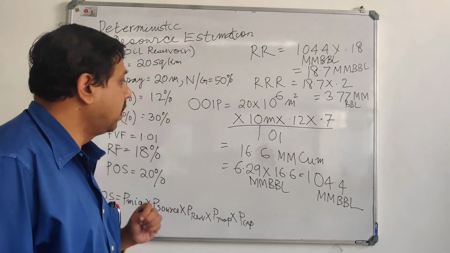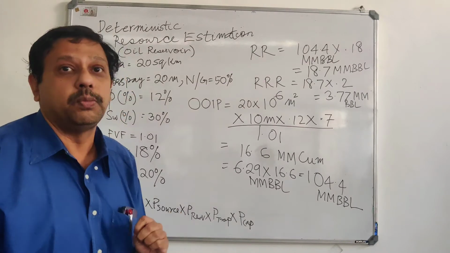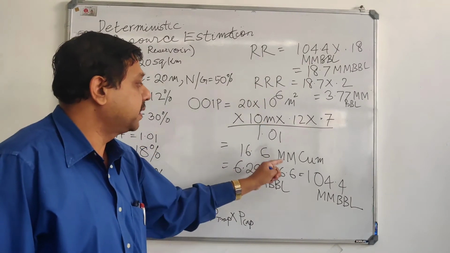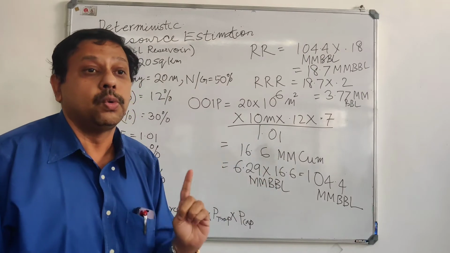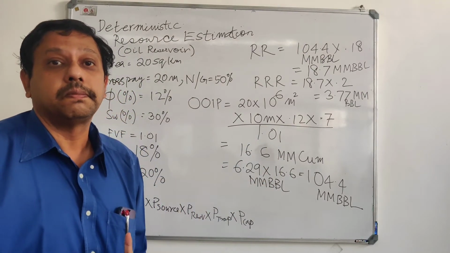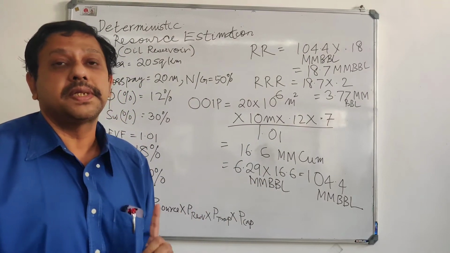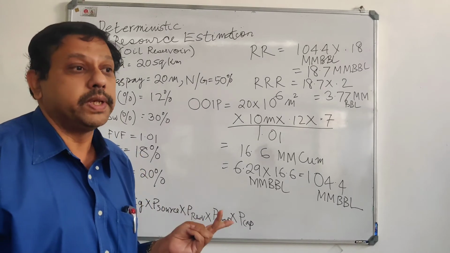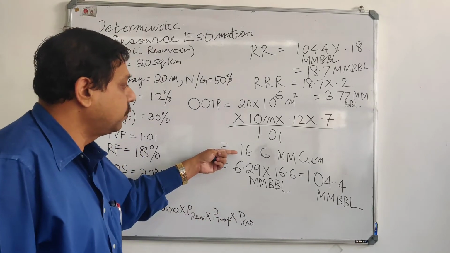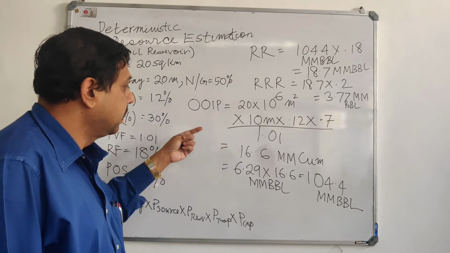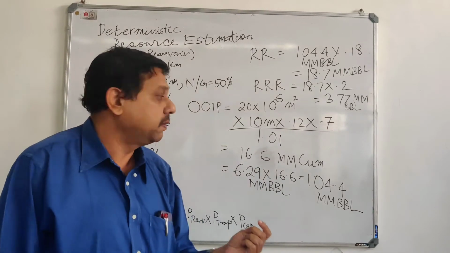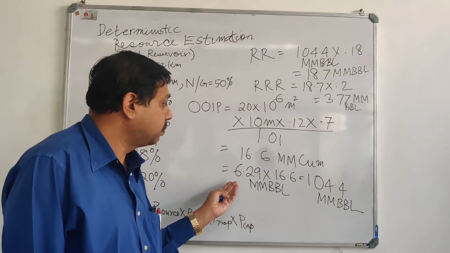You get the original oil in place in million cubic meter. 10 to the power 6 is million, given by 2 capital M. 1 M means 10 to the power 3, 2 M means 10 to the power 6, and you get a value 16.6. You convert it into million barrel by multiplying with 6.29.